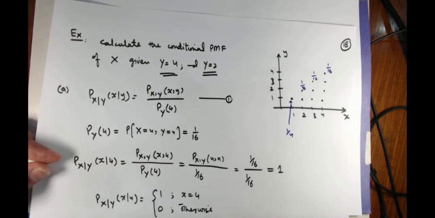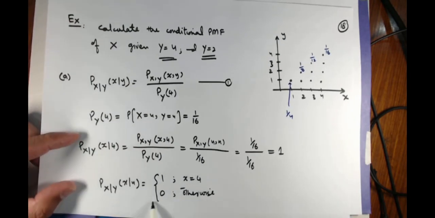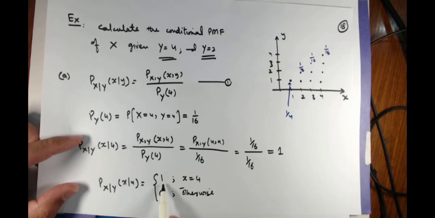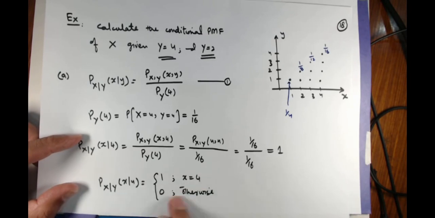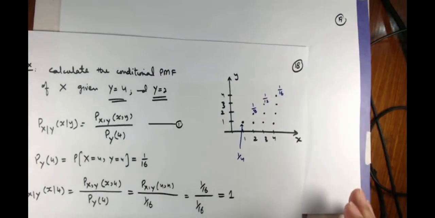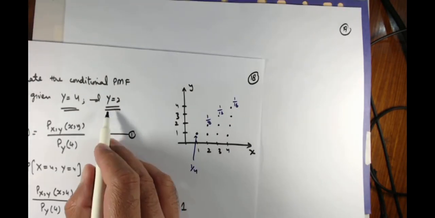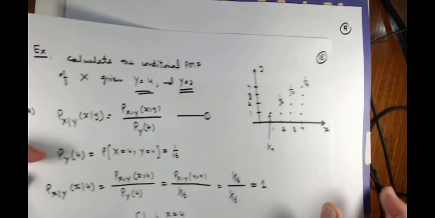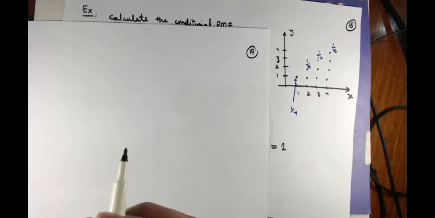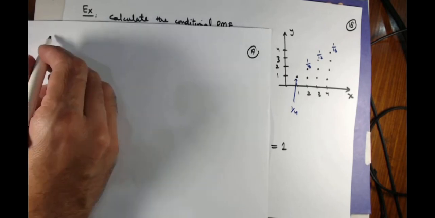And by the way, you see the sum of this distribution is 1. The rule will never be violated. The total sum of the probability in a probability distribution is always equal to 1. I'll move on and see how we can find the PMF of X given Y is equal to 2 now.